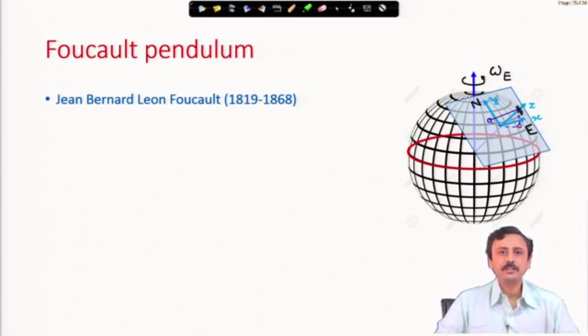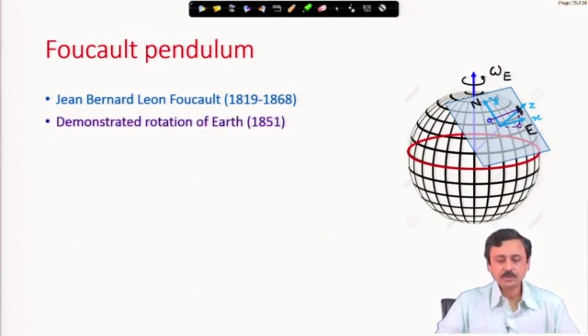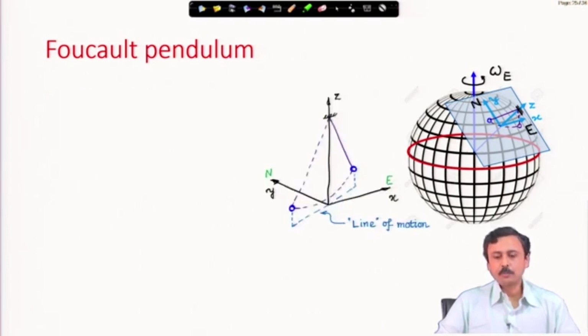Through an experiment, he demonstrated that the earth spins. This was done in 1851. What is the Foucault pendulum? What did Foucault do? He hung a very long pendulum from the Pantheon in Paris, and he set that pendulum in motion.